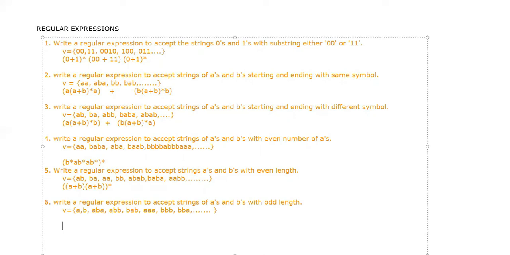Interestingly, we can do the same. That's what everybody thinks. But the minimum count for odd is 1. So in that case, I cannot write like this. A plus B is 1. I cannot blindly say star because A plus B whole star would become anything. Epsilon, 1, 2, 3, 4. You can't.